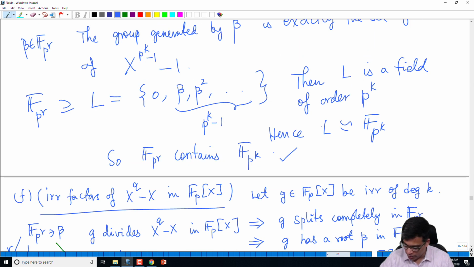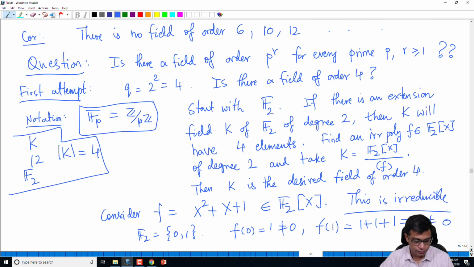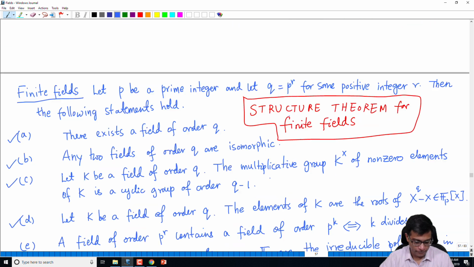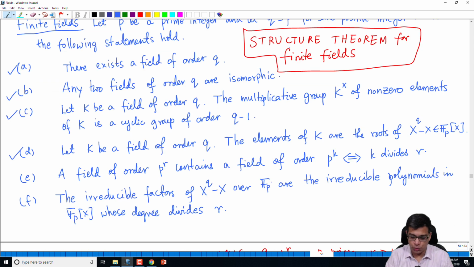So now let's go back to the statement of the theorem. We showed that the irreducible factors of x power q minus x are exactly the irreducible polynomials whose degree divides r, because any irreducible factor of x power q minus x has a degree dividing r, and if you have an irreducible polynomial whose degree divides r, it divides x power q minus x.